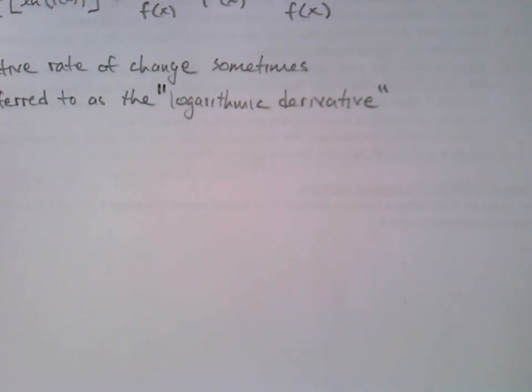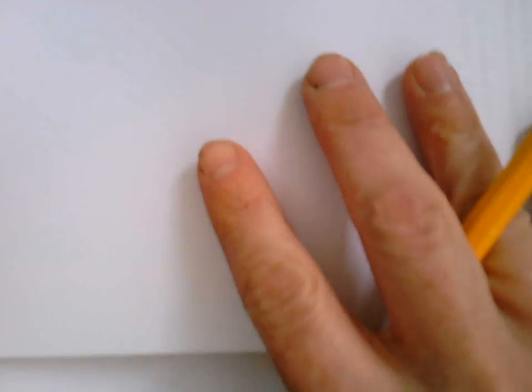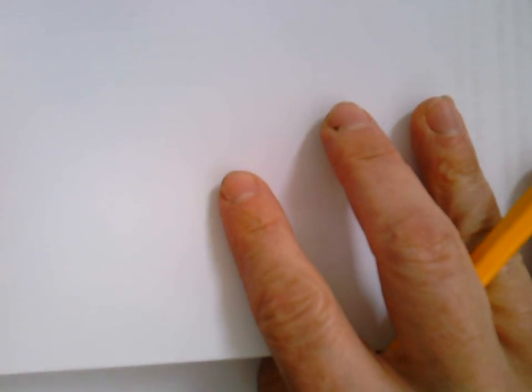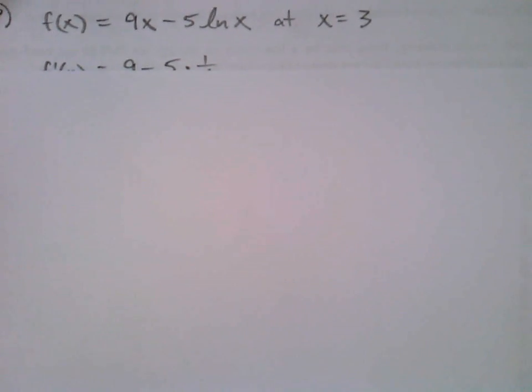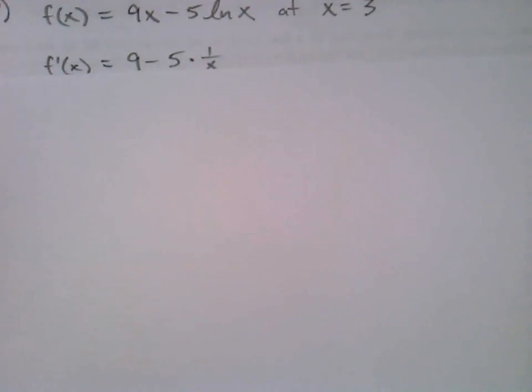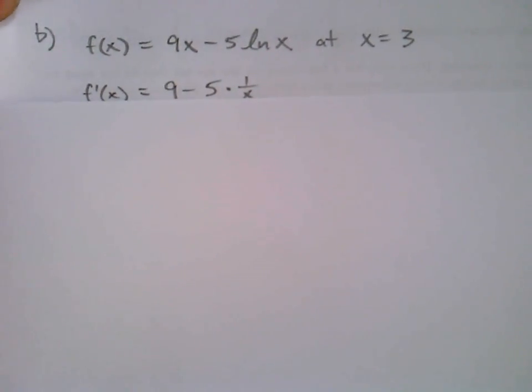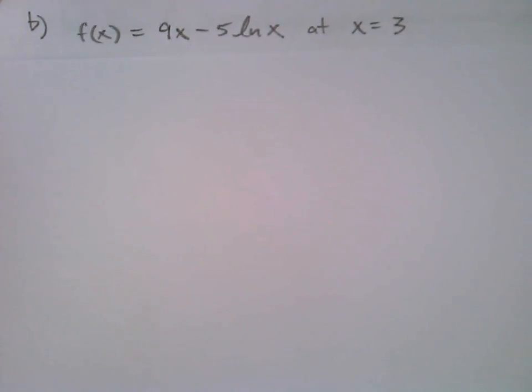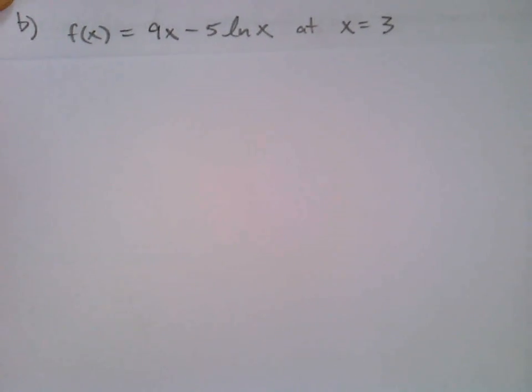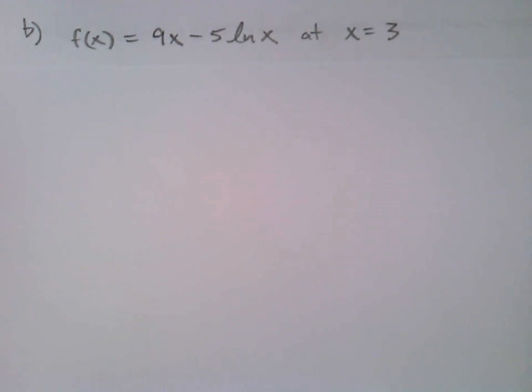Okay, moving on. Let's try another one. Of course, we might see anything here that we're able to take a derivative of. We can take derivatives of just about anything. So maybe here f of x equals 9x minus 5 natural log x, at x equals 3.